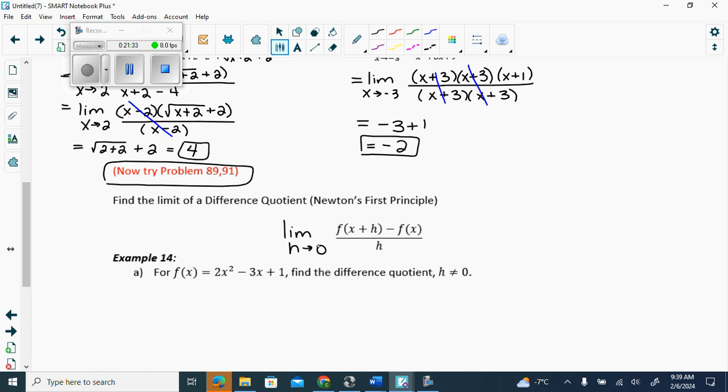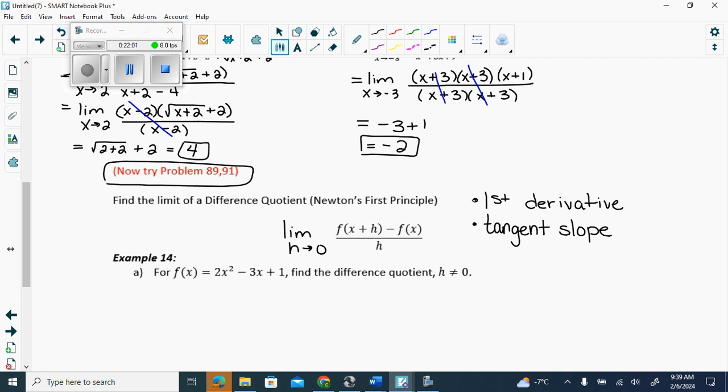This is the long method of finding the first derivative. So if they ask you for the first derivative right now, this is how you have to do it. If they ask you for the tangent slope right now, that is a fancy way of asking for the first derivative. This is how you would have to do it until the next unit. So your first derivative, tangent slope.